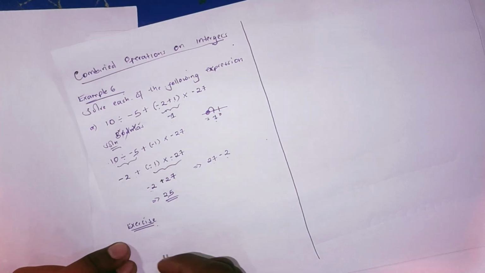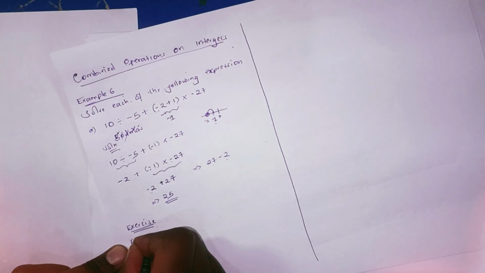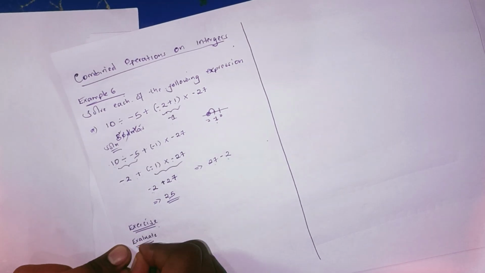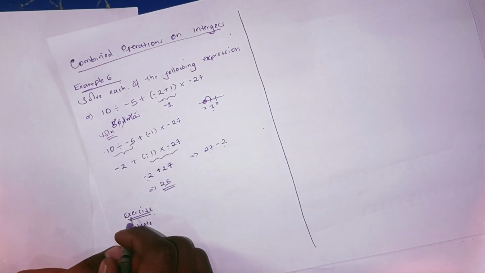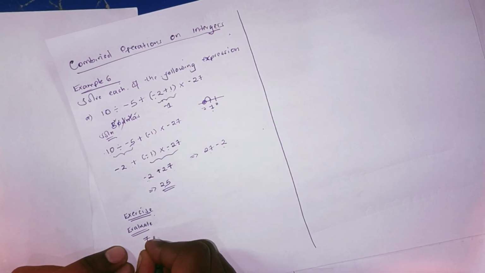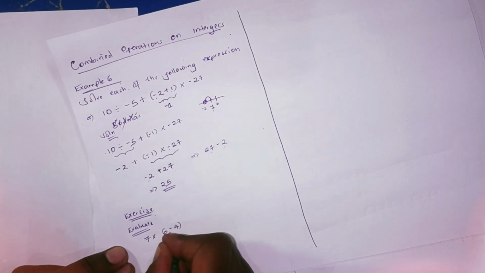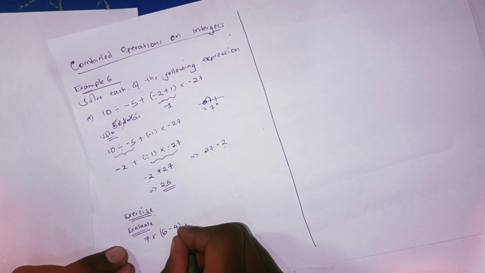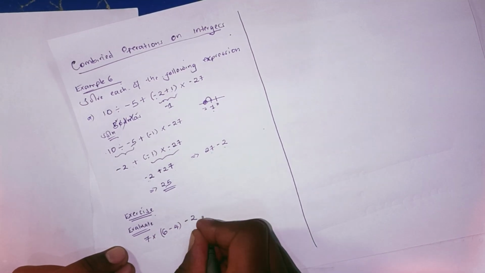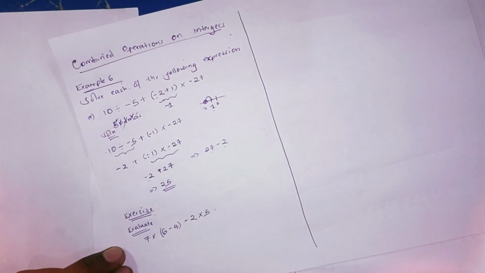Exercise: evaluate this sum. I'm writing the sum down here, that is 7 times 6, in brackets, minus 4, bracket, minus 2 times 5.